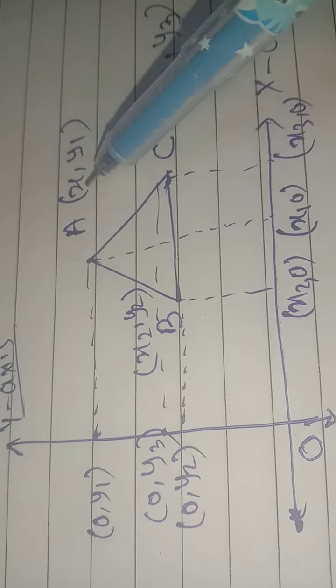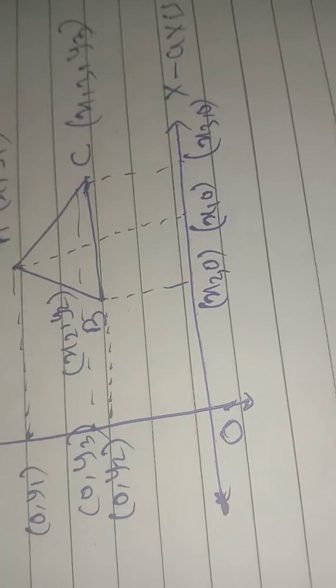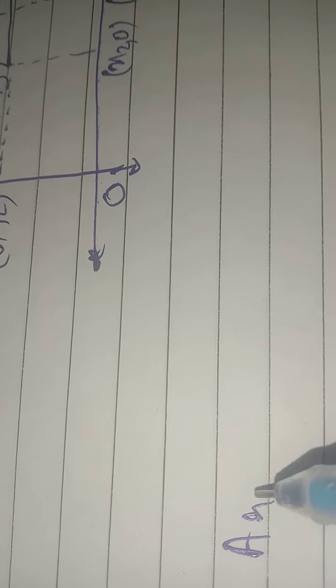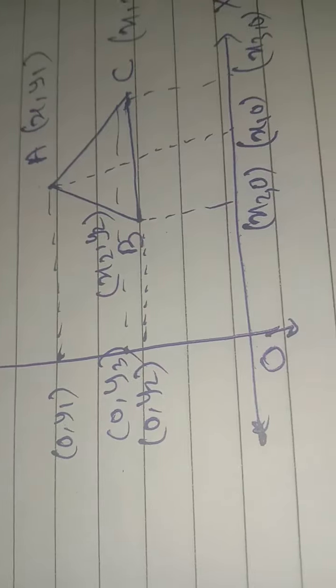So what is the area of triangle in terms of coordinates? We will write here area of triangle ABC is equal to 1 by 2.